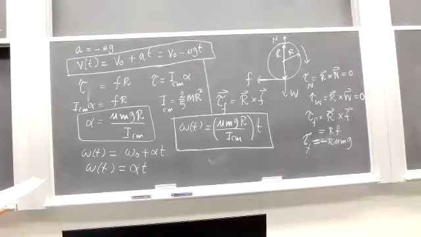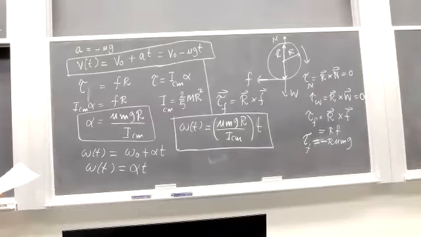Sir, why didn't we take the negative sign of friction in alpha? Where? Sir, inside alpha. I was just calculating magnitudes, because both torques are negative, so you can also think of that.